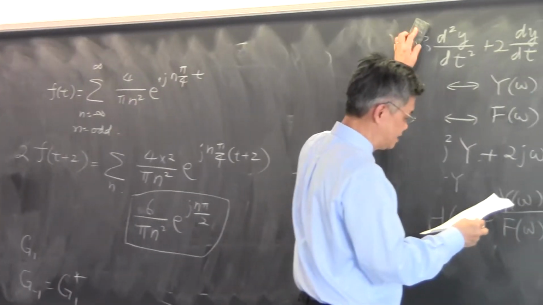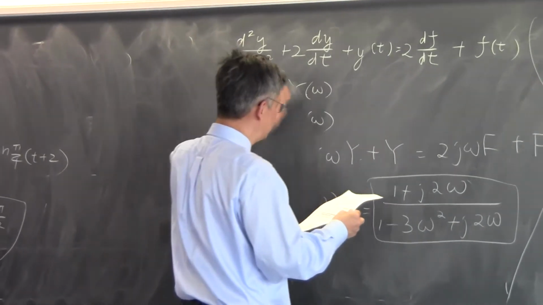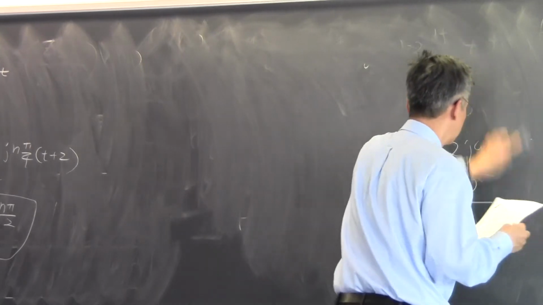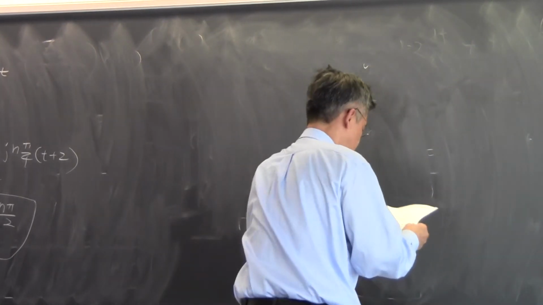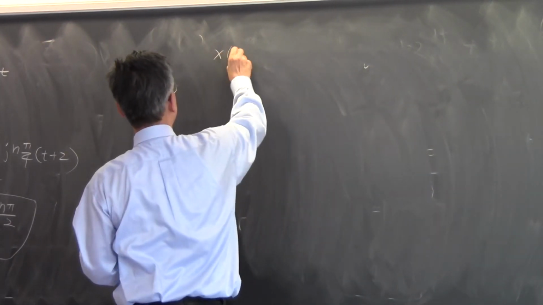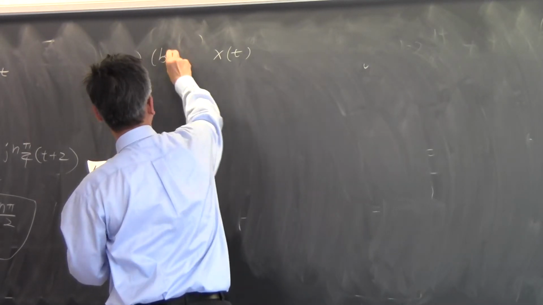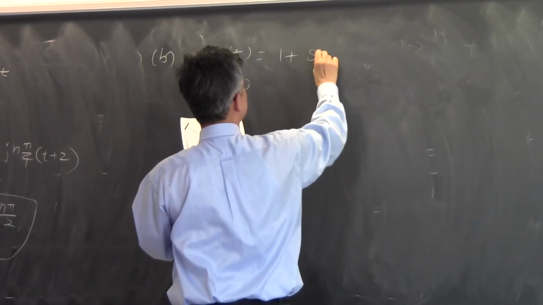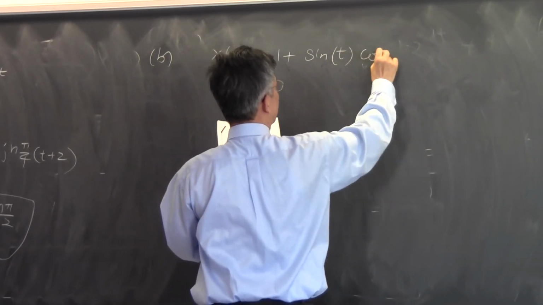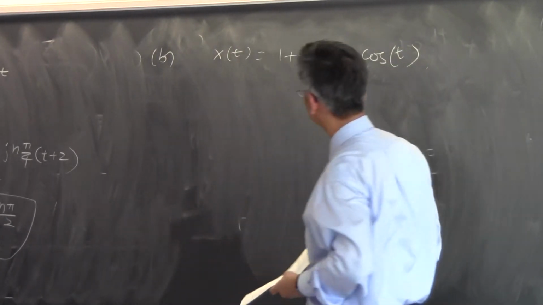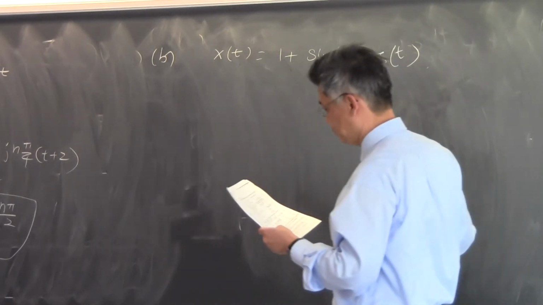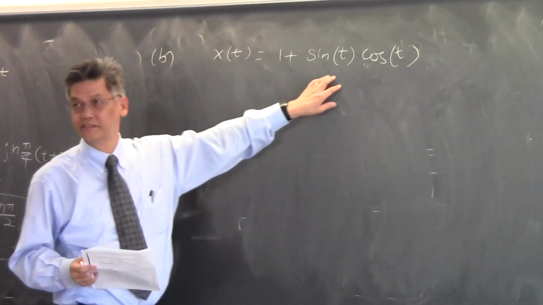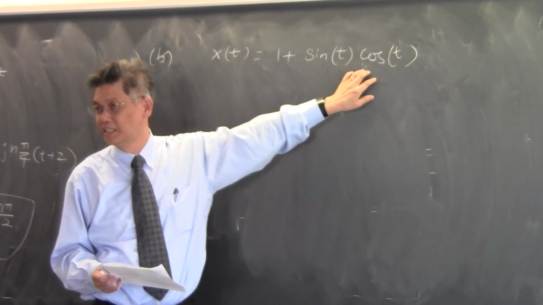And then the next part is slightly tricky. You're asked to find the Fourier series expansion of x of t. Okay, this is part B. x of t is equal to 1 plus sine t cosine t. The best is to use the trigonometric identity and write this in terms of cosine or sine of 2t.